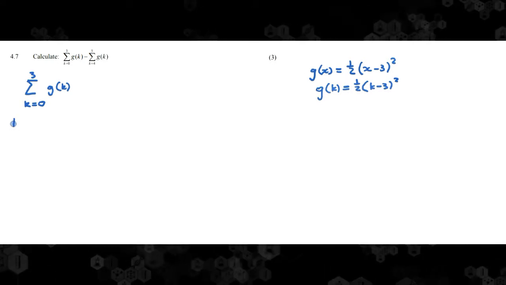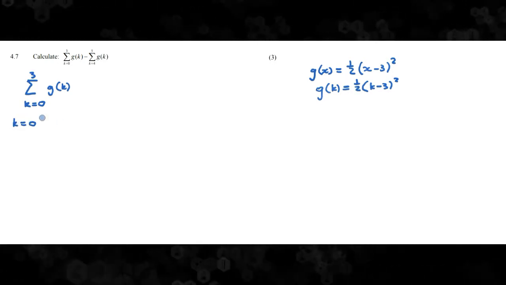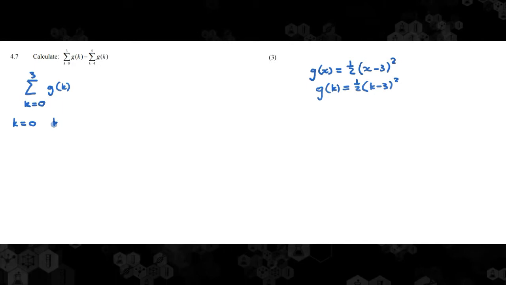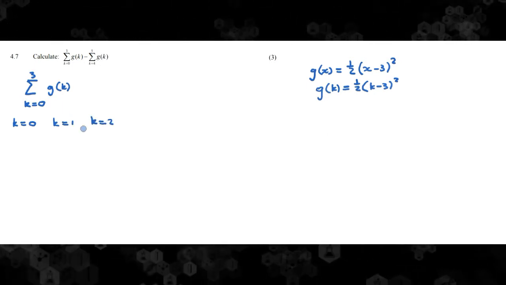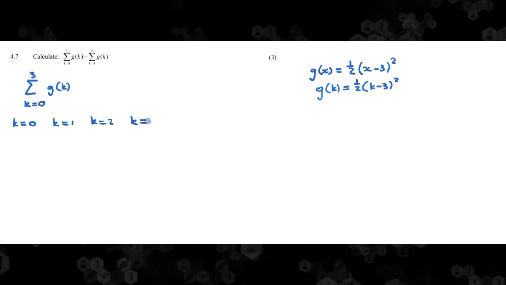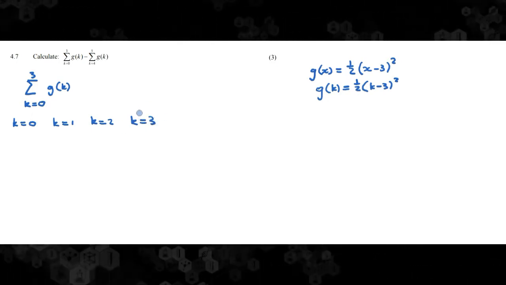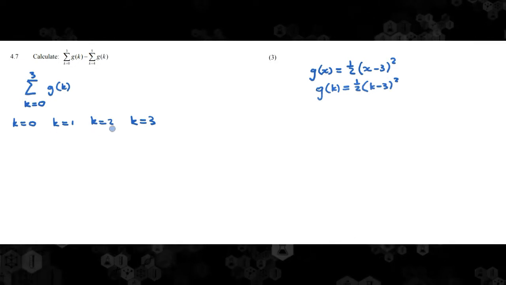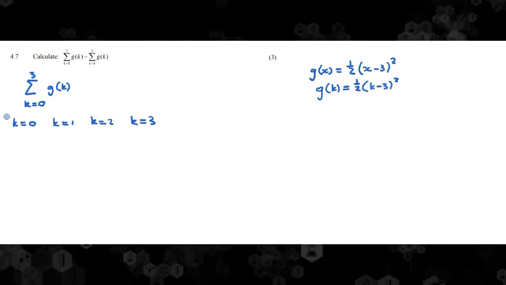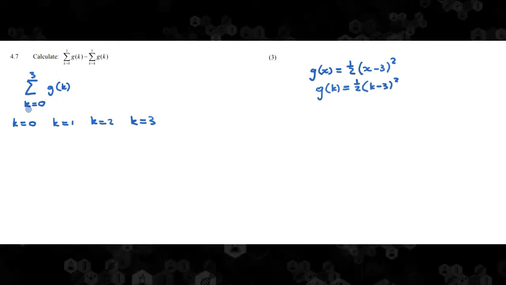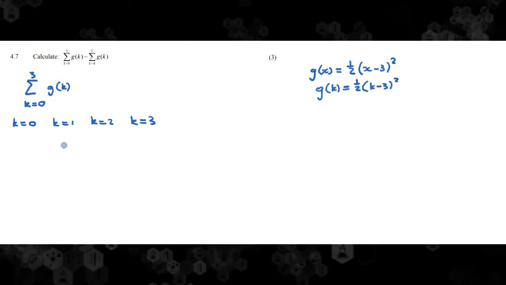So we have k equals 0, k equals 1, k equals 2, k equals 3. We are going to end here at k equals 3. These values we are going to substitute into our equation. But remember, we are dealing with a sum here, so we must sum these values.